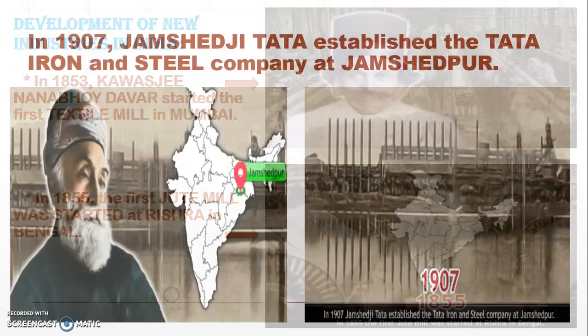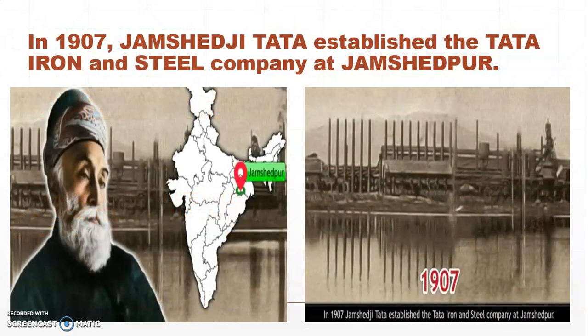The next important development, the most important one, which all Indians are proud of today, was in 1907, when Jamshedji Tata established the Tata Iron and Steel Company at Jamshedpur. Today we are all well acquainted with the Tata Group of Industries. So the founder of the Tata Group was Jamshedji Tata, who brought the iron and steel industry to India at Jamshedpur. Now these were some of the Indians who came with developments for the betterment of Indians.